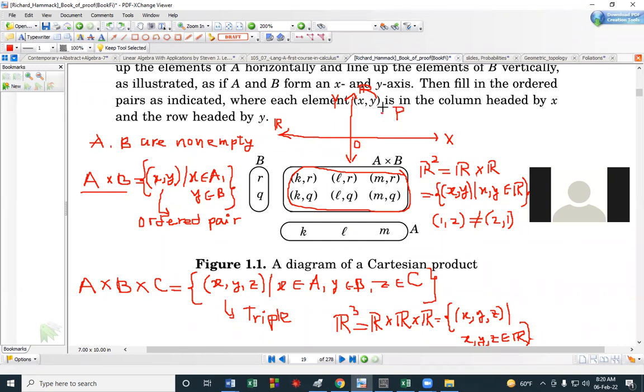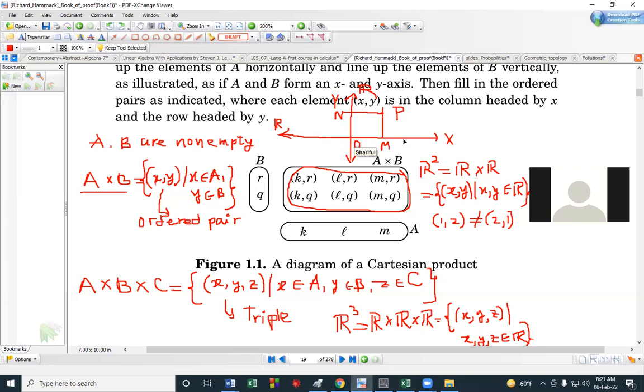Now simply drop 2 perpendiculars on the 2 lines from that position. Let's say this point is M and this point is N. Now take your measuring tape or scale.